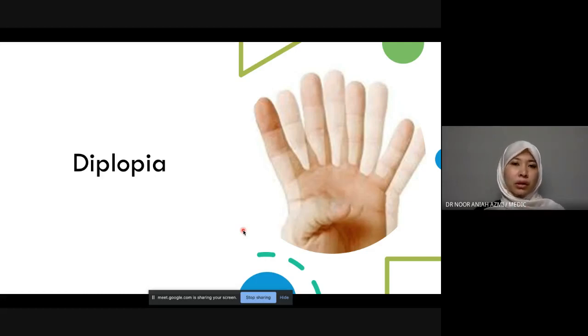All extraocular muscles are supplied by the third nerve or the oculomotor nerve, except for two. LR6, which is supplied by the sixth nerve, and then the SO4, superior oblique, is supplied by the fourth nerve. So when there is nerve palsy in either 3, 4, or 6, the eye becomes misaligned. And when they become misaligned, that's when the patient complains of binocular diplopia.